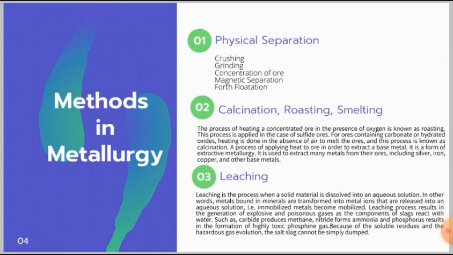Once the separation has taken place, we can easily extract the metal or the desired content from the bulk without any problem. So leaching is basically mobilization, in which the solid material is dissolved in aqueous solution. In other words, leaching is the mobilization of a metal from a solid material into a liquid state so that its separation can be made easy.